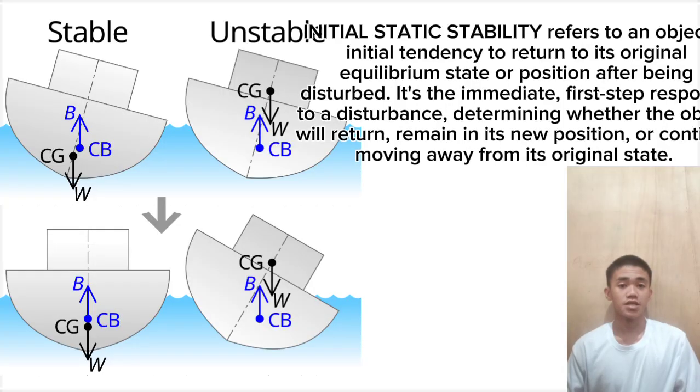Initial static stability. A diagram showing the forces acting on a heeled ship, with weight acting downwards through the center of gravity and buoyancy acting upward, illustrating the righting lever. This is the tendency of a ship to return to its upright equilibrium position after being subjected to small external heeling forces, such as wind, a gust, or a small wave, quantified by the righting moment, or RM, which is the product of the ship's displacement, or weight, and the righting lever for a small angle of heel.